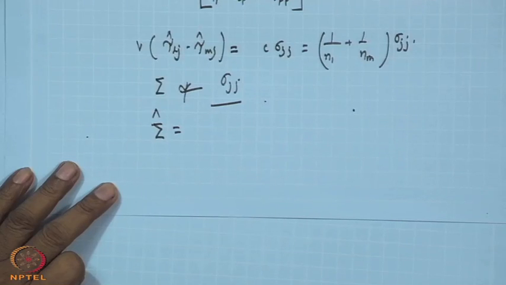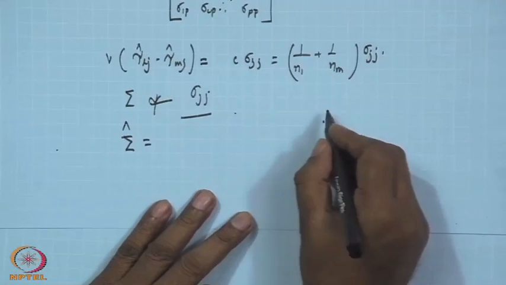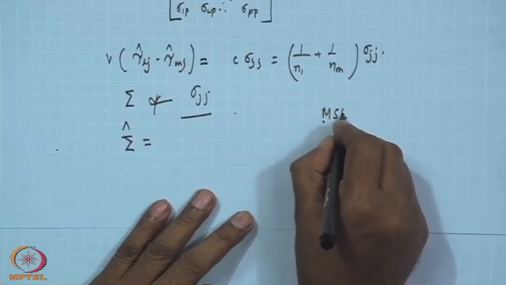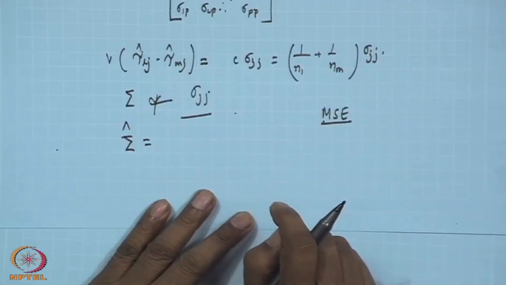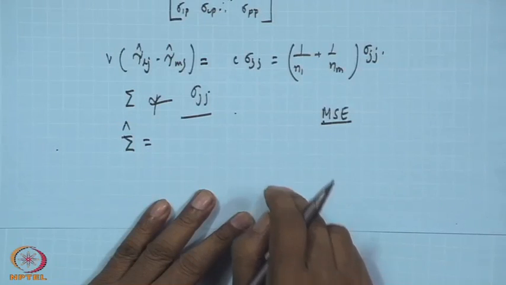In ANOVA you have seen that the mean square error is the estimate of sigma square.